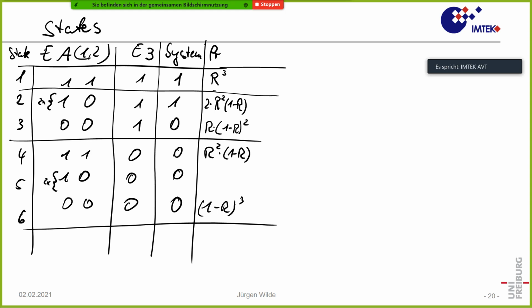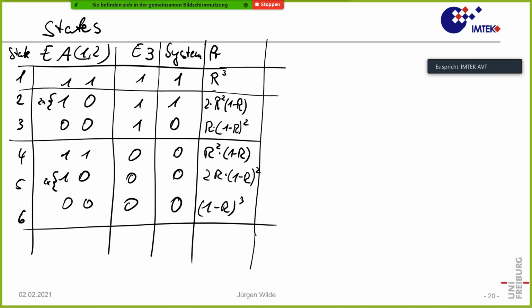And here it is r times 2 times r times (1 minus r) squared. That should do. Yeah, twice failed, one working. Okay.